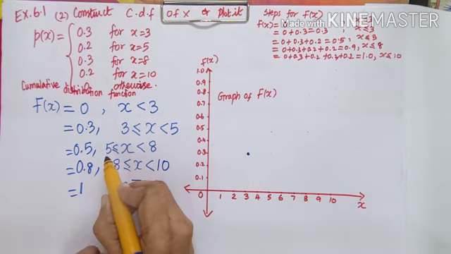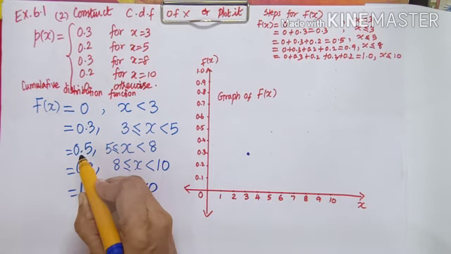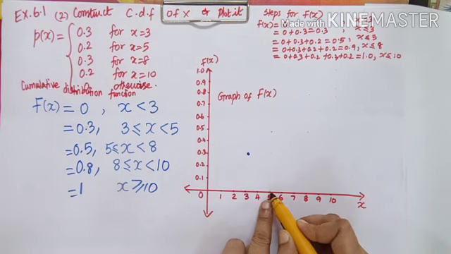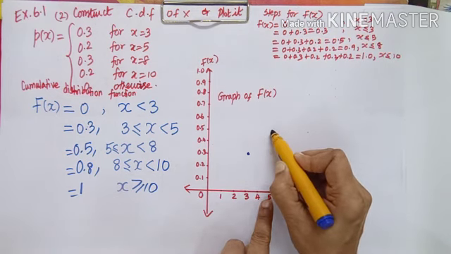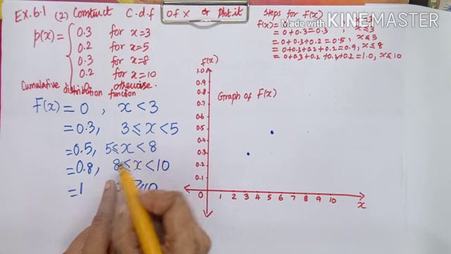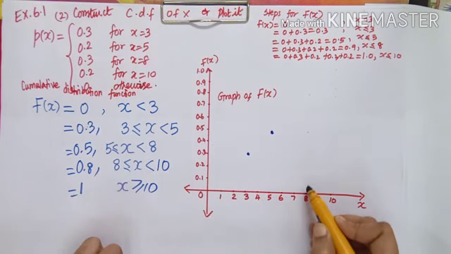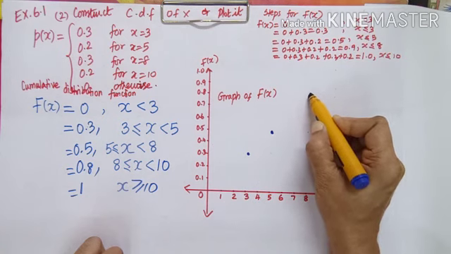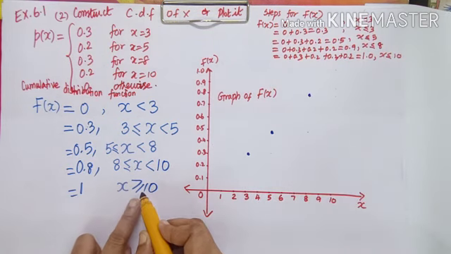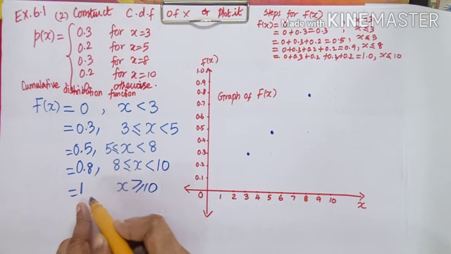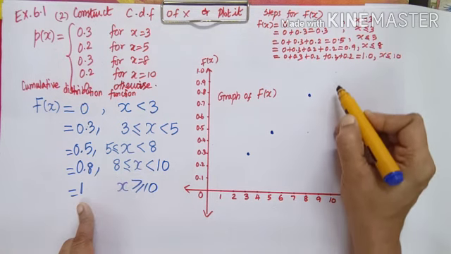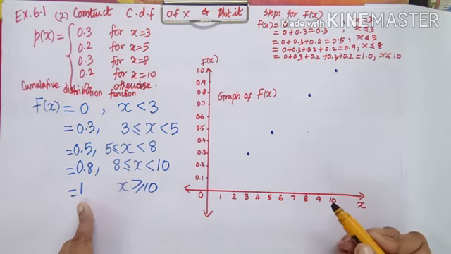The moment I cross 5, my answer is 0.5. So at 5, mark 0.5. The moment I cross 8, my answer is 0.8. So at 8, mark 0.8. And the moment I cross 10, my answer is 1. So at 10, we mark 1.